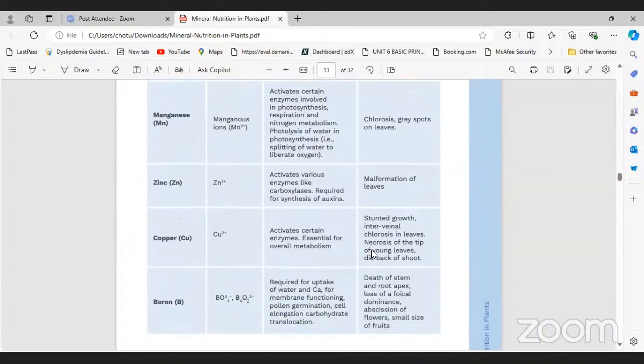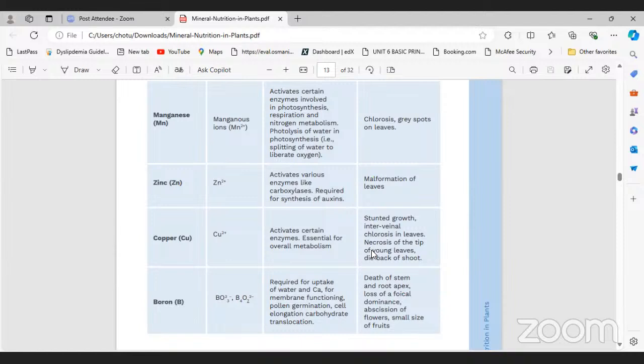Coming to zinc. Zinc activates various enzymes like carboxylase, required for synthesis of auxin, and its deficiency causes malformation of leaves. Next, copper: activation of certain enzymes essential for overall metabolism.